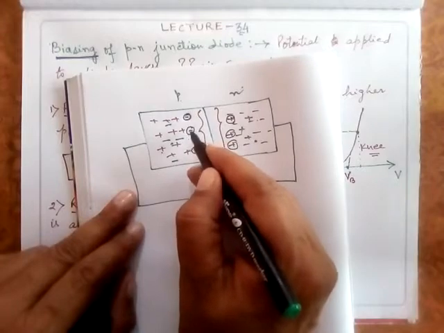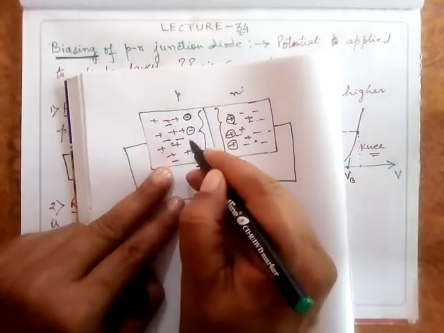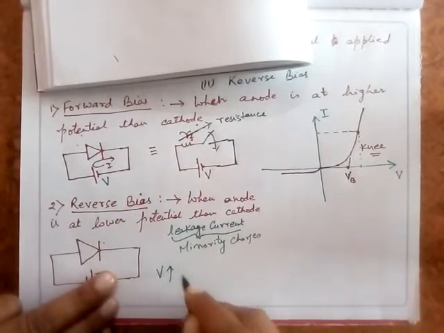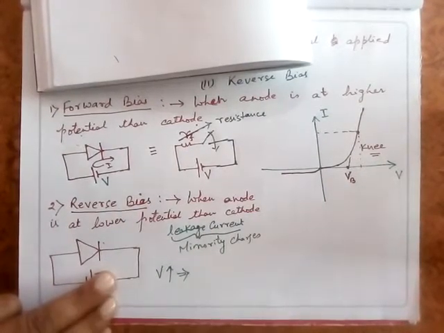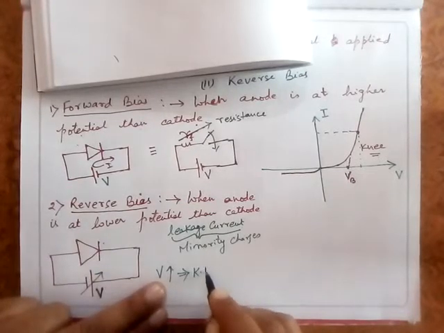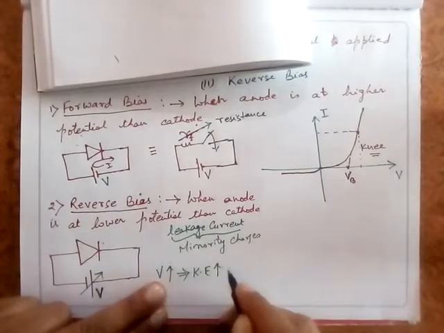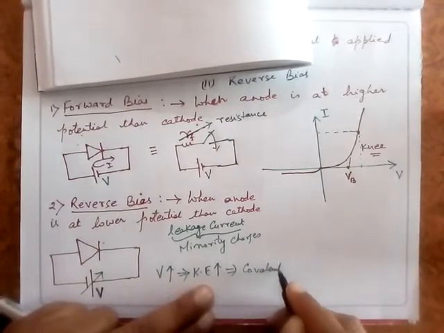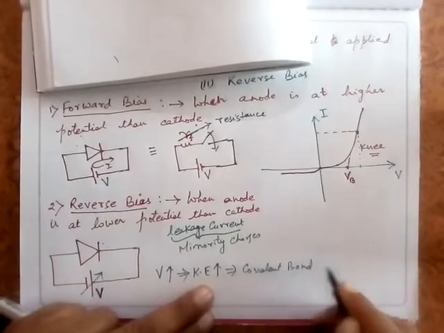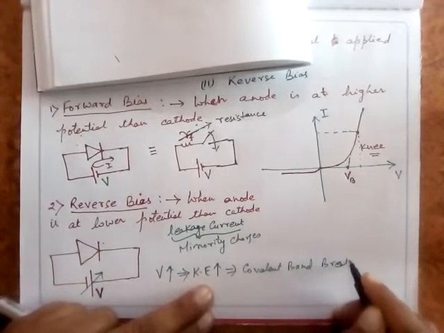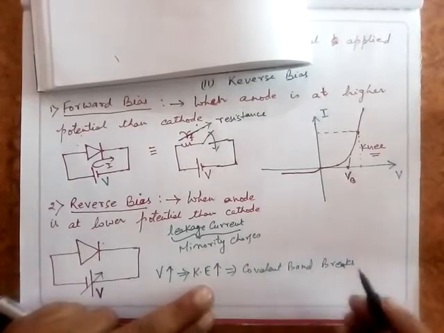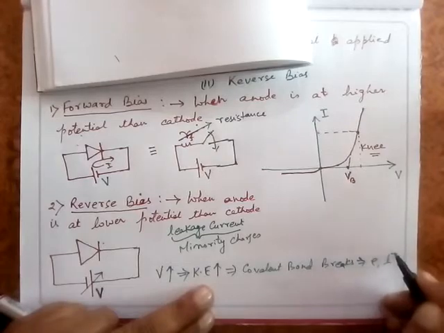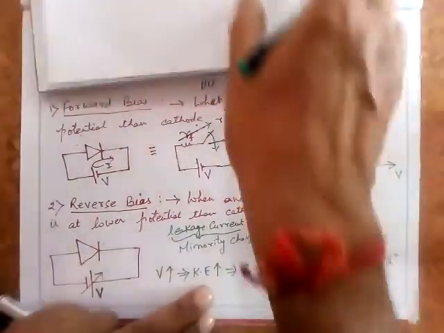If this V increases, remember that, the kinetic energy of the charge carrier will increase. This implies that the covalent bond breaks. If the covalent bond breaks, what does it mean? That electrons and holes will be generated.